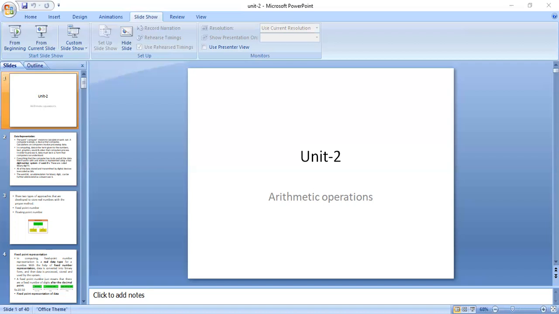To perform multiplication in a computer, we follow separate algorithms. The first algorithm is the sequential version of the multiplication algorithm. In this algorithm, three basic steps are followed.